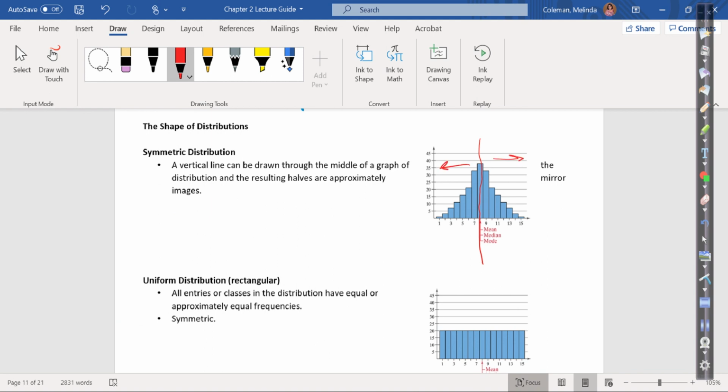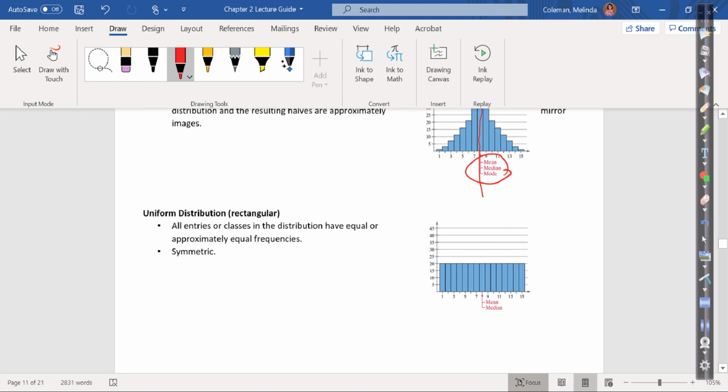That makes it a symmetric distribution. It also says that the halves are approximately the same, so they may not be exact, but they are going to be approximately the same. And more importantly, your mean, median, mode are all pretty much the same, right there in the dead center of the curve.